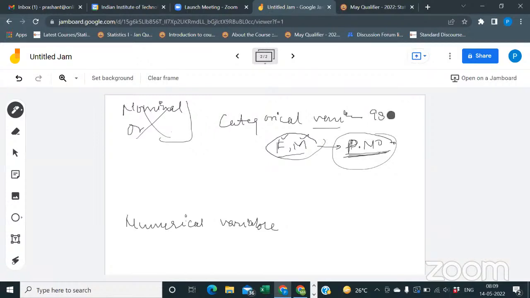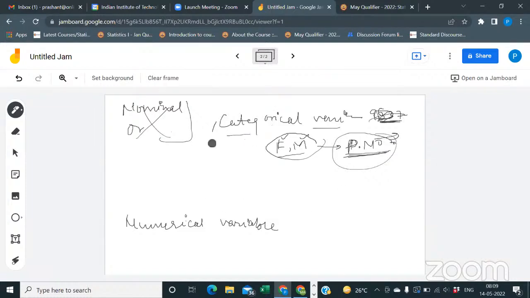Suppose 9837 is a phone number. It is not in order. It's just a label. You cannot say your phone number is better than my phone number, or add these two phone numbers. We're not required to do any arithmetic operations on it. That's why I'm saying this.